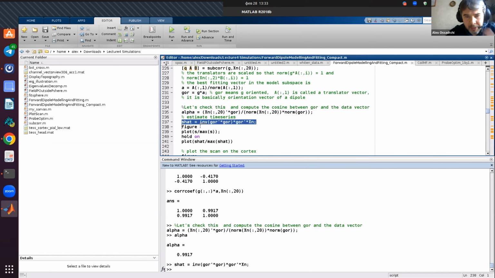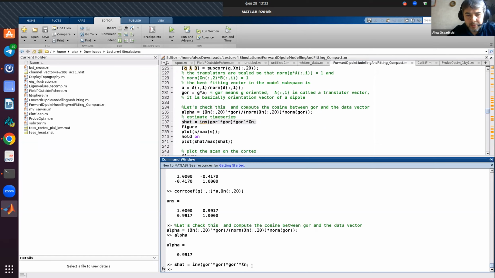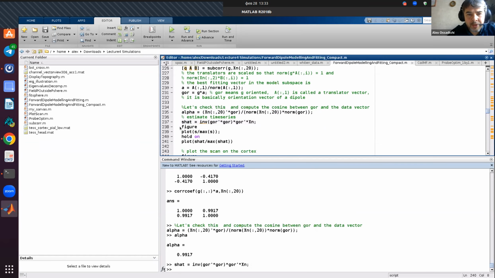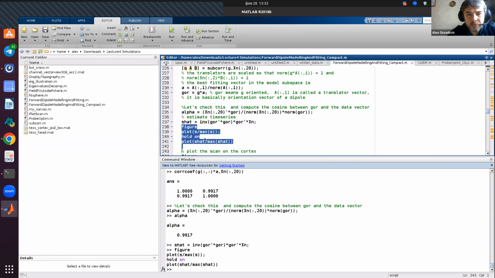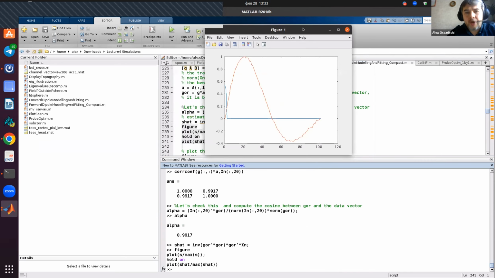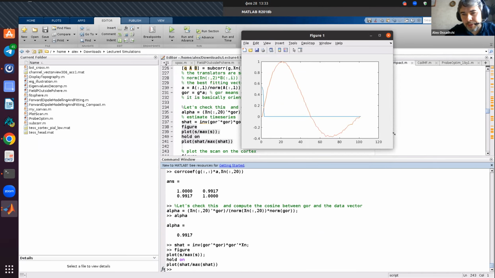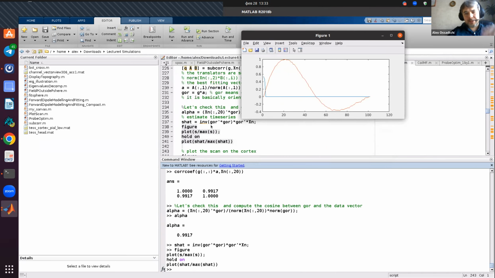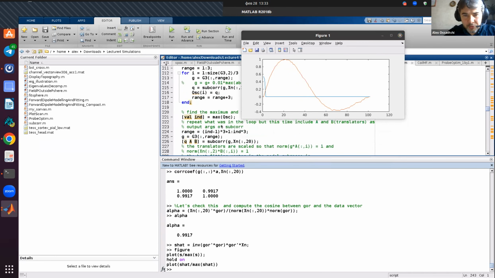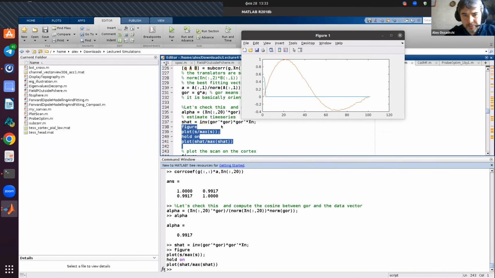When I connect my pad, I will explain why this way, but that will be your time series, and then you can draw this whole thing. The only thing is that S hat is now not S, because S was taken by SVD. Anyway, this is a time series, and you remember how the time series looked. That's the time series of our dipole. So we basically solved the whole problem. We found the dipole, and we found its time series.